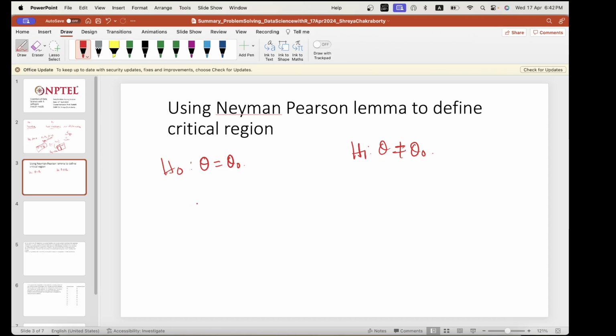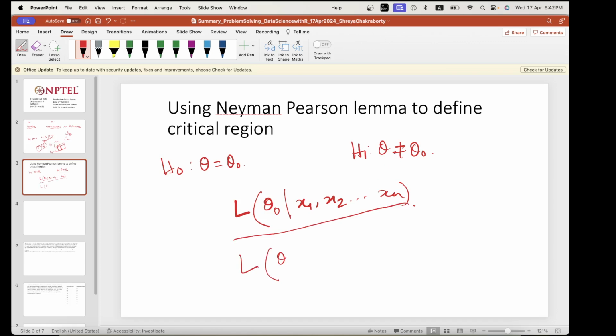Okay. So then by Neyman-Pearson lemma, what do we say? We say that the likelihood of theta naught given my data that we have already observed, divided by the likelihood of theta equal to theta 1, which is not equal to theta naught, given x1, x2, xn, should be less than or equal to some k.